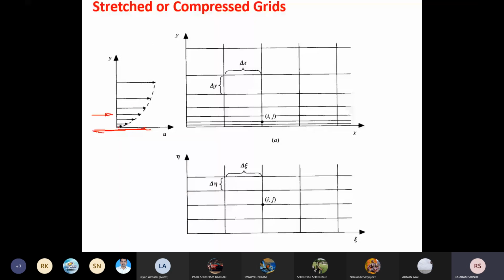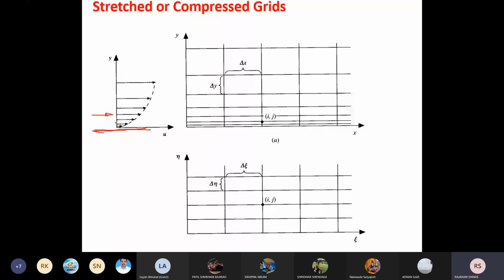Now near to this plate, you have rapid variation in the velocity, and to capture this rapid variation in the velocity near to the surface, we need fine grid spacing, that is small grid spacings. That means here we have a small gap between the two grid points. However, from the surface, grids can be coarse.